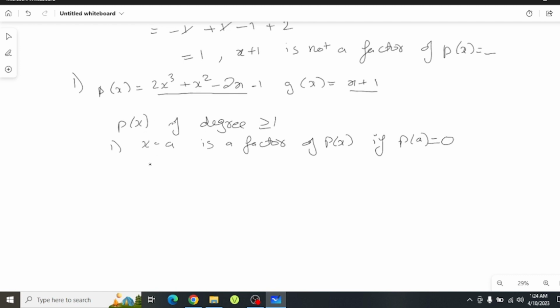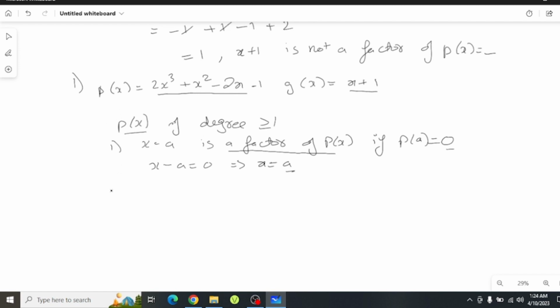What we have to do is write x minus a equal to 0. This will give x equal to a. So now we will put this a in our polynomial p(x). If our result value is 0, then we will say that x minus a is a factor of p(x).